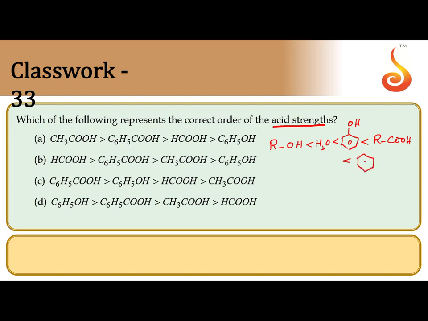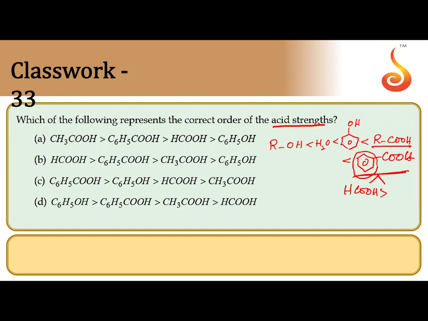After that, aromatic carboxylic acid. This is the order of acidic strength. But one exception is there. Aromatic carboxylic acid, benzoic acid, is more acidic when compared with aliphatic, since phenyl group is electron withdrawing group. But exception is there. Among aliphatic carboxylic acid, formic acid is more acidic even than benzoic acid. That you have to observe.